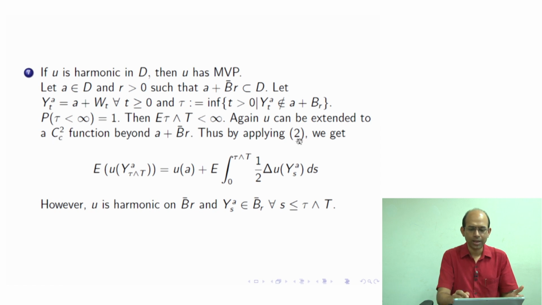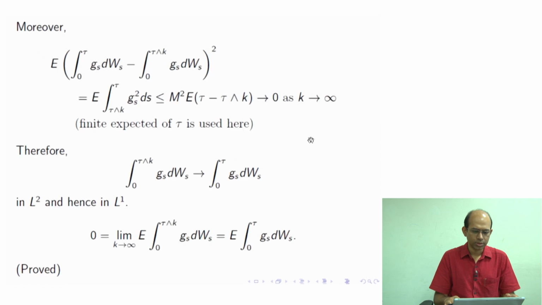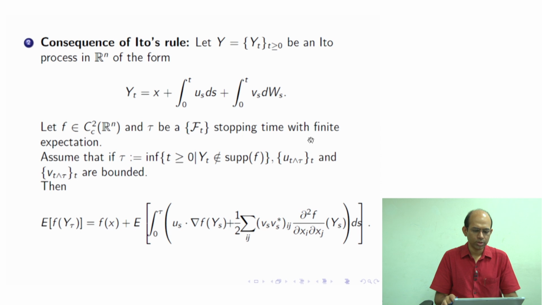Thus, we can apply the relation we discussed in the beginning, the end of the proof, that f of this thing. Here f was in Cc of Rn. So we are going to use this result now.